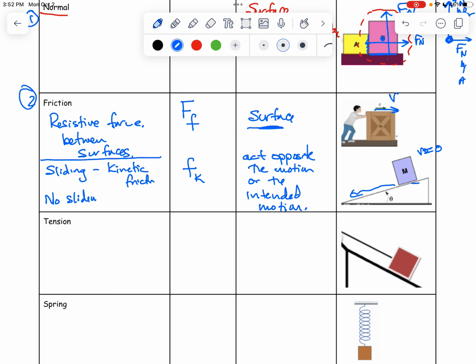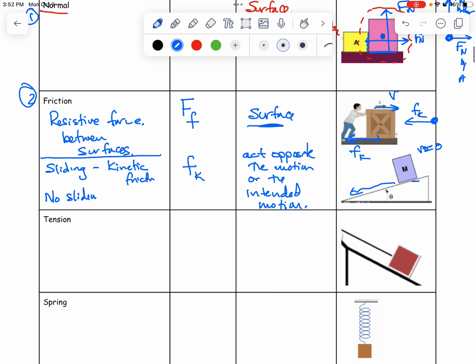If it's moving to the right, then friction is going to act to the left. That would be my kinetic frictional force. If I was drawing just the frictional force, it would act opposite that motion. In a force diagram, we're just going to draw our dot, and friction would be to the left.